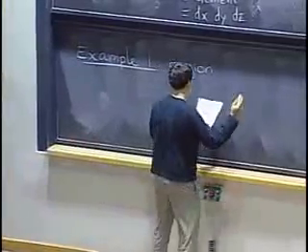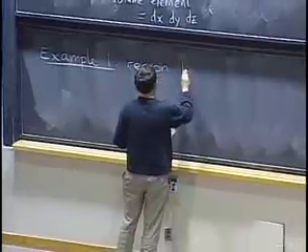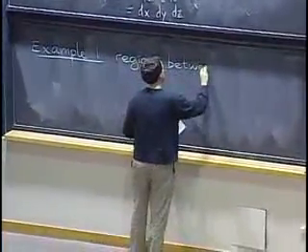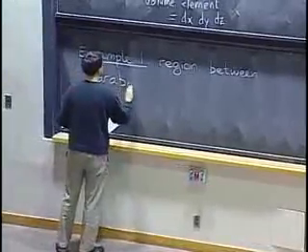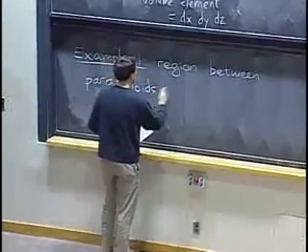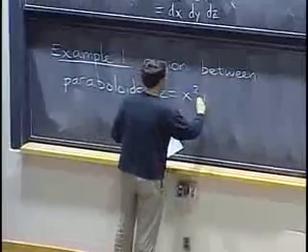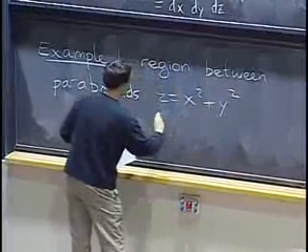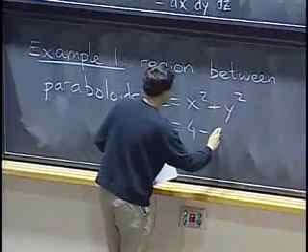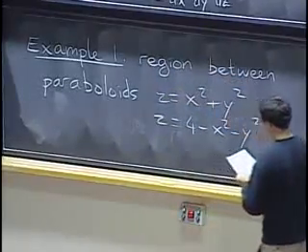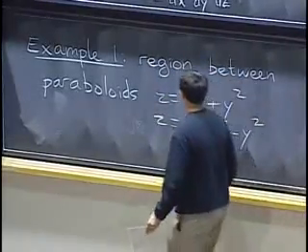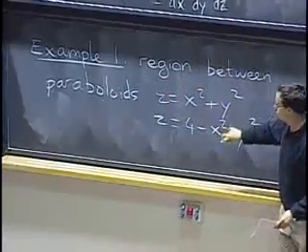So for example, let's say that we want to look at the region between two paraboloids. One given by z equals x squared plus y squared. The other is z equals 4 minus x squared minus y squared. And so I haven't given you yet the function to integrate.